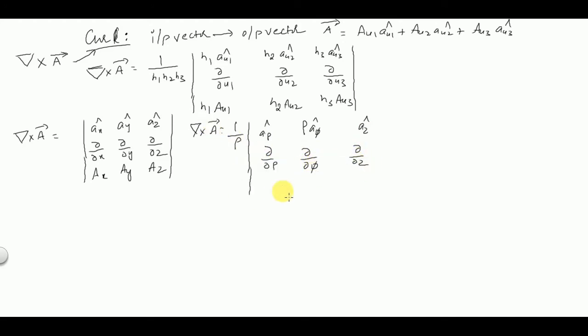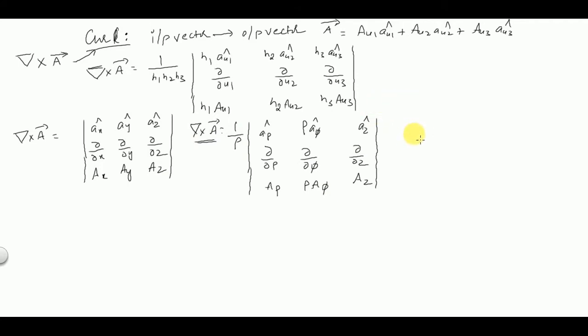Then h1 is 1, so you'll get A rho, and h2 is equal to rho, so you'll get rho into A phi, and h3 is equal to 1, so you'll get only Az. Okay, so if you expand this determinant and multiply it with 1 by rho, you'll get the formula for curl in the cylindrical coordinate system.